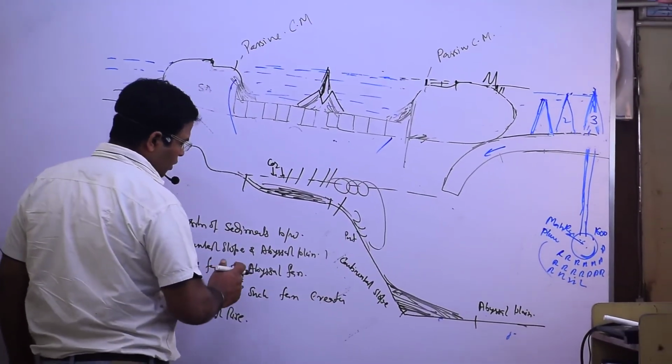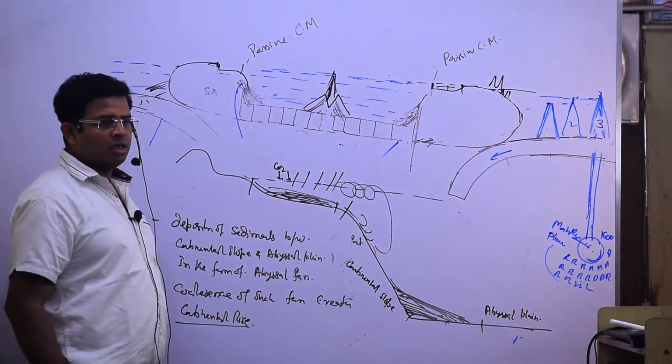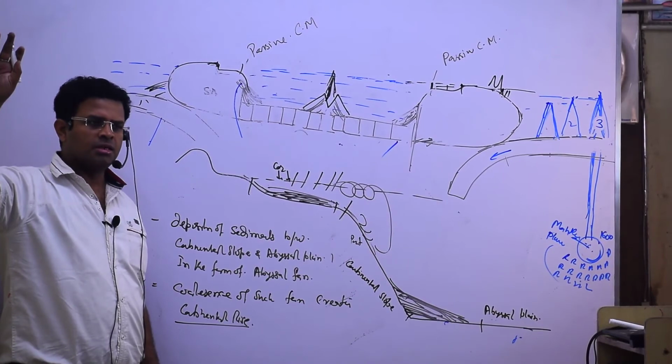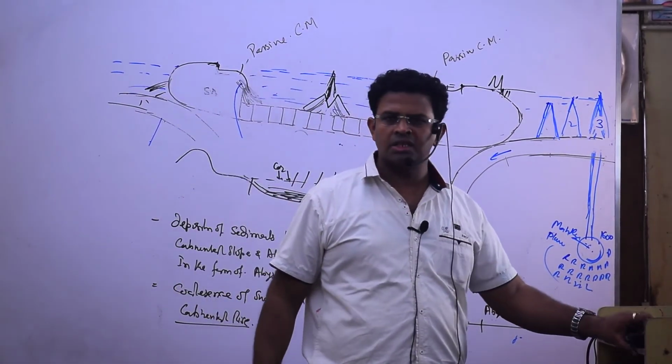So coalescence of such fans creates what? Continental rise. The continental rise is a kind of depositional feature.